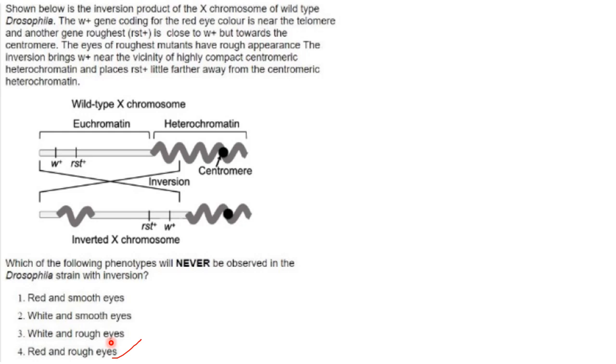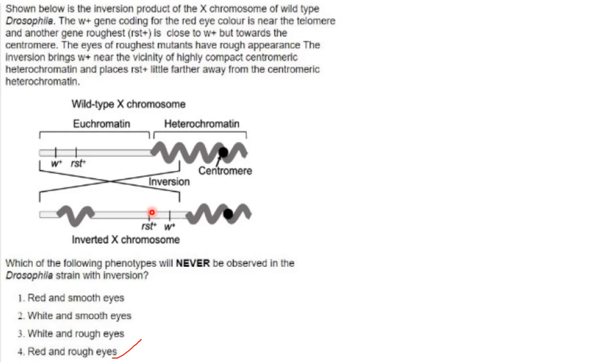White and rough eyes, if both are not getting expressed. So white and rough eyes, because both are near to the heterochromatin region, is also possible. But this is getting expressed, no harm, even though near to the heterochromatin. This is a little further away from the centromeric heterochromatin, but is getting mutated.